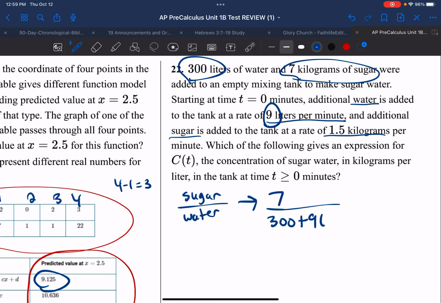So plus, every time t, a minute, every minute, I'm going up by 9 on my water, and I'm going up by 1.5 on my sugar. Okay, so you're just setting that up. That's all it wants. It just wants you to know, can you translate this to an expression? So it's just sugar over water.